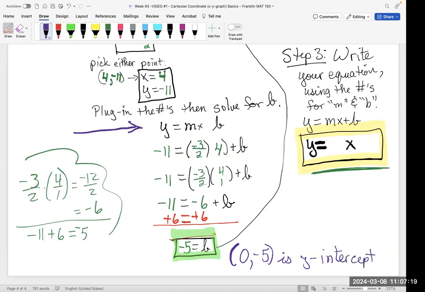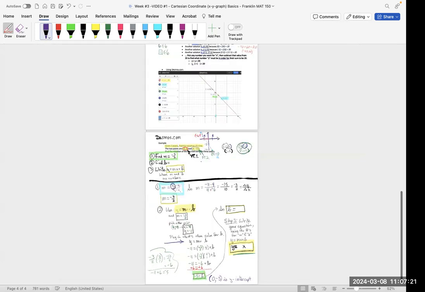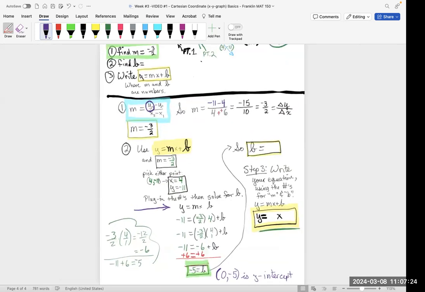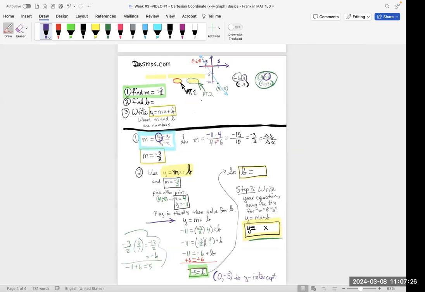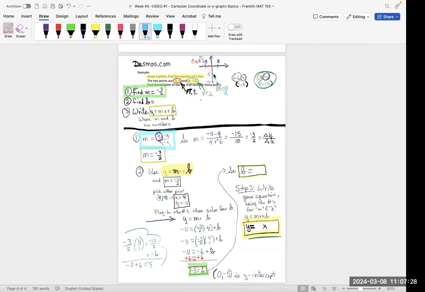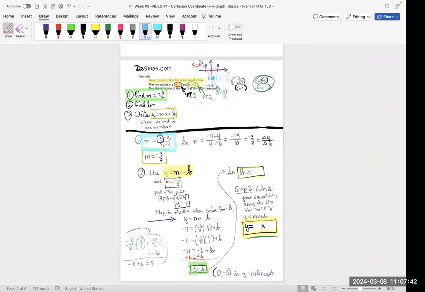That's where my line will intercept the y-axis. Back to my drawing, and if you look up here, even my approximation showed that my y-intercept was approximately 0, -5. We've just proven that my blue line will intercept the y-axis at 0, -5.